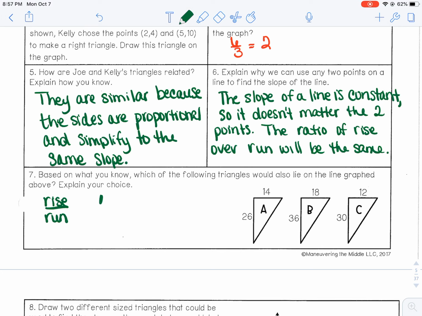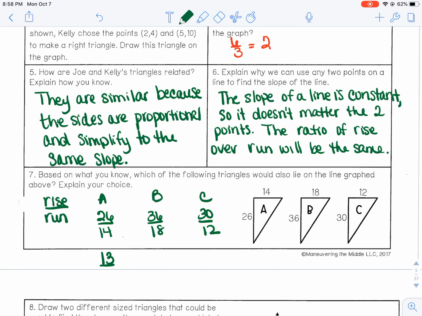Okay, so triangle A is 26 over 14. Triangle B is 36 over 18. Triangle C is 30 over 12. Okay, so in your calculator, if you simplify those and you put in 26 ABC 14, you get 1 and 6/7, or 13 over 7.